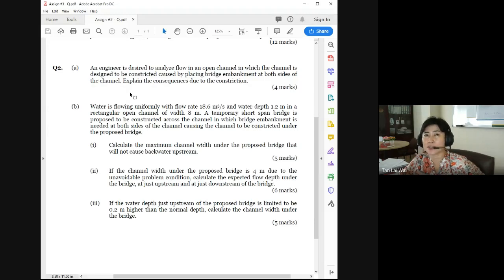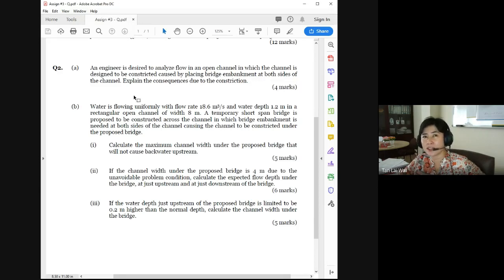It's similar for both situations. For case 2, when H2 is equal to H min, and when B2 is equal to B max, critical flow will start to occur.